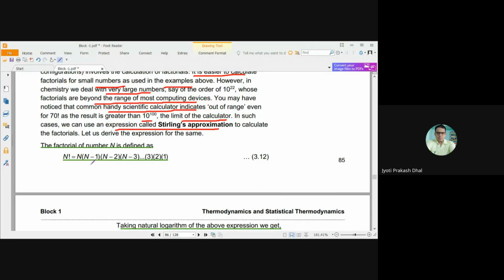And we know that the factorial n factorial is defined as n into n minus 1 into n minus 2 into n minus 3 and so on down to 3 into 2 into 1.